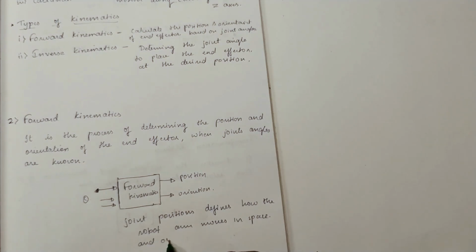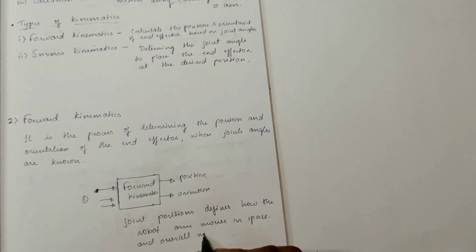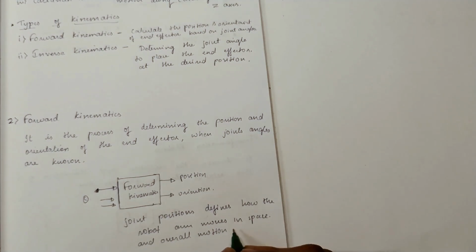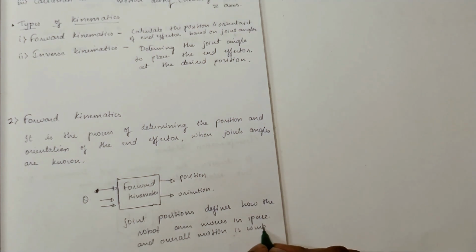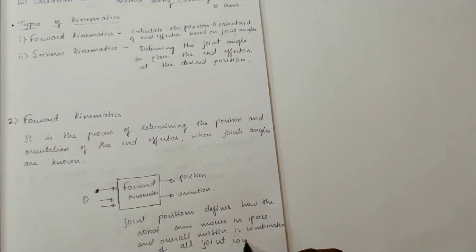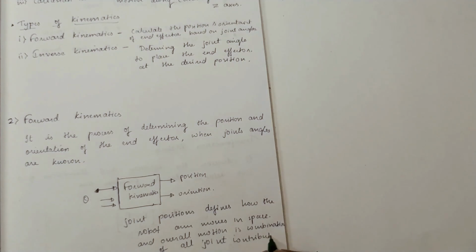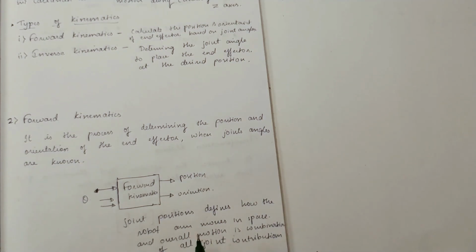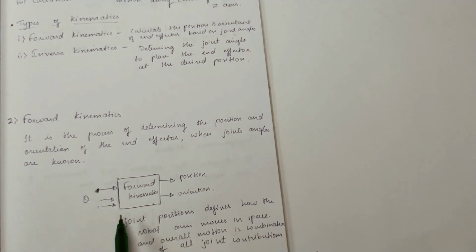And the overall motion is the combination of all joint contributions. That is, the final position and orientation of a robotic end effector depends on all the joint angle contributions.